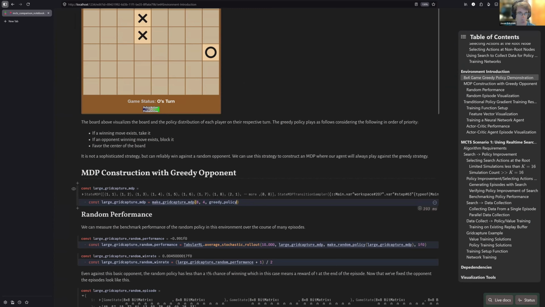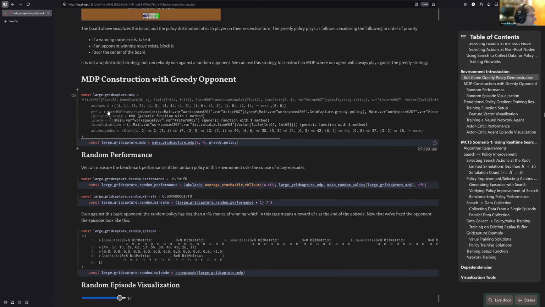And whoever is interacting with the MDP is going to make turns as the X player. Then there'll be a state transition, and the transition will involve the O opponent making a move, and then we'll see the updated state after our opponent has produced a move. Okay, so now this is an environment with a single agent that can take actions.